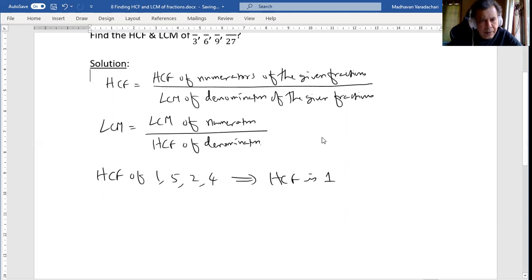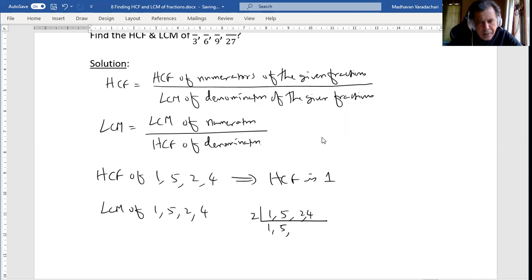Then LCM of 1, 5, 2, 4. Let us do that with a common division method. First, 2. 1 and 5 cannot be divisible. This will be 1, this will be 2. We already got it. From this I can say LCM is 2 into 5 into 2, which is 20.